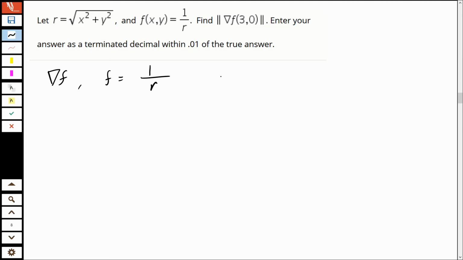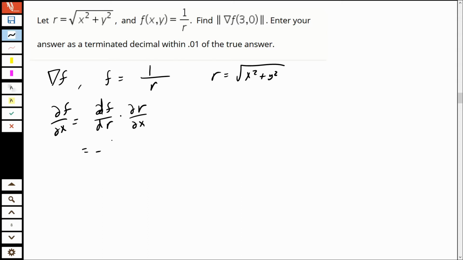So this is 1 over r, and I know that r is the square root of x squared plus y squared. Okay, so df/dx is going to be df/dr times dr/dx.